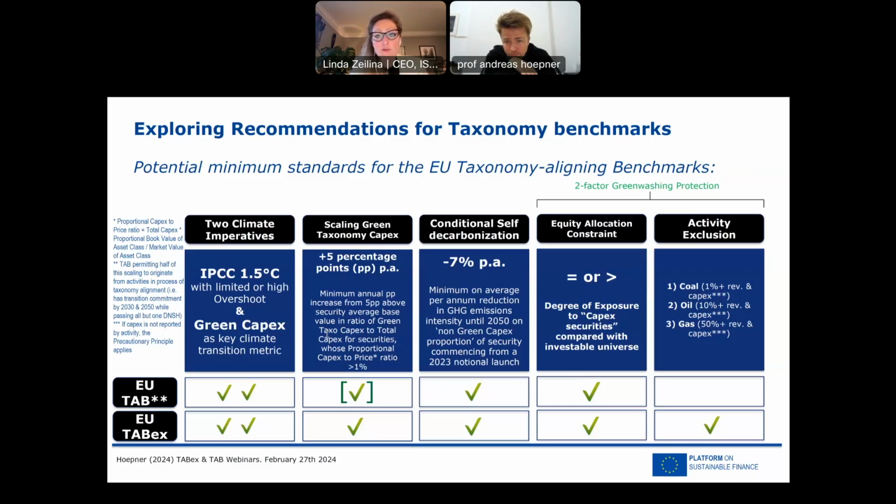Those issuers are excluded from the EU Paris-aligned benchmarks and also from the revised version of the French Socially Responsible Investing Fund label, which will be applicable from March 2024. We have noticed that these issuers were first included in the list of excluded activities in the draft TAB and TABEX proposal, and later removed in the final version of the document. So this person's wondering why. They must have seen the platform version.